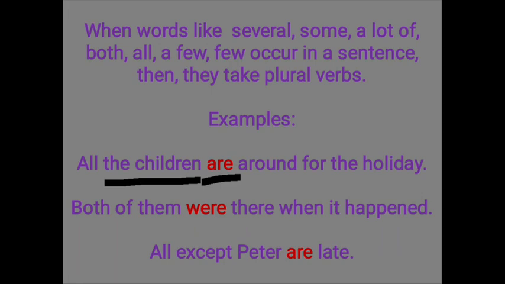Both of them were there when it happened. They are both plural. All except Peter. All are late. You can see our verb is in the plural form. All here shows that we are talking about many people.